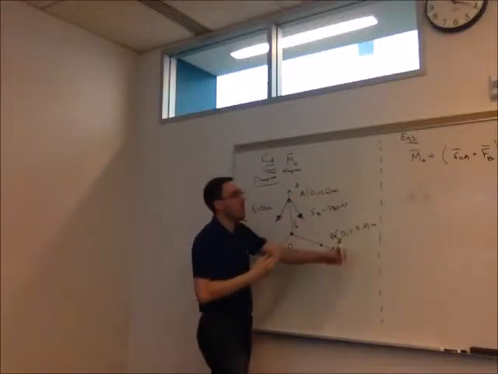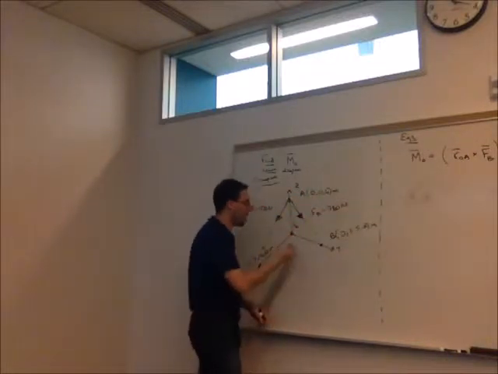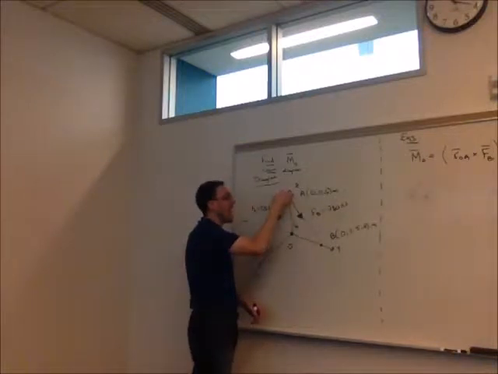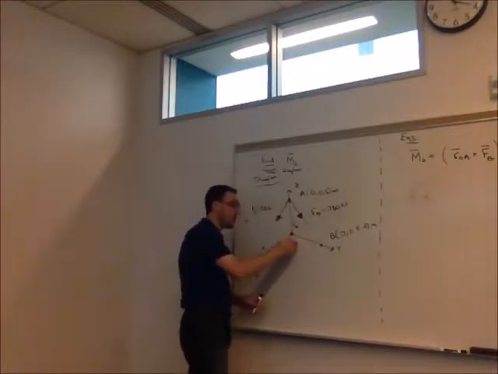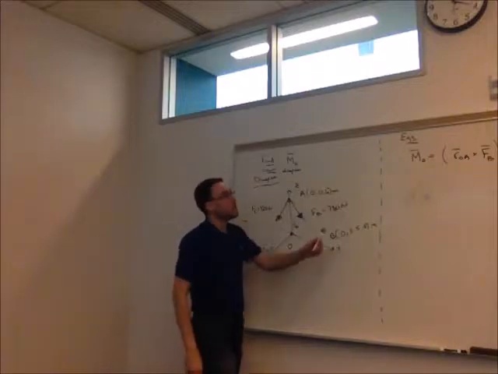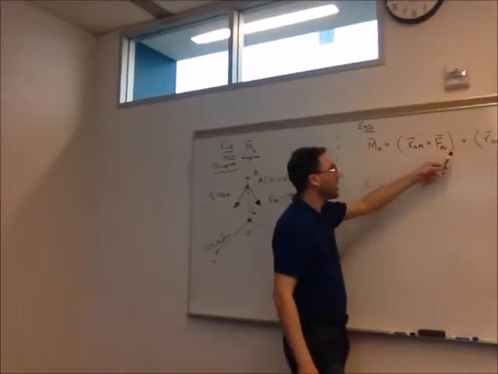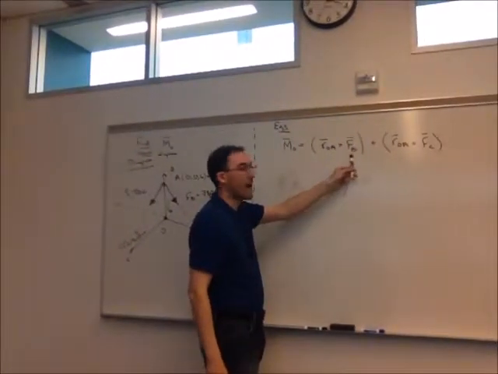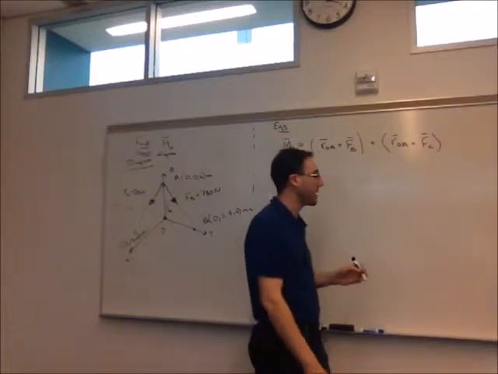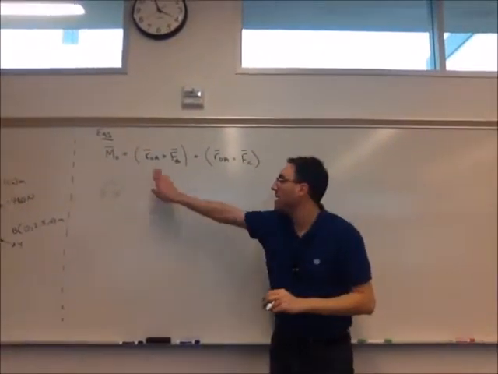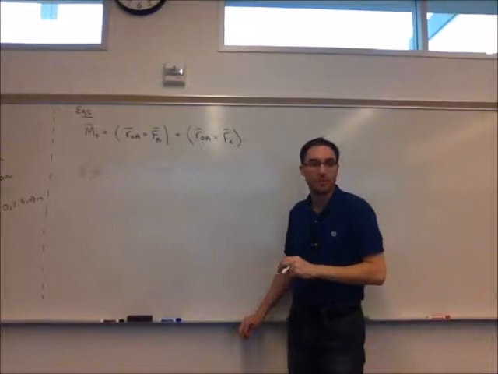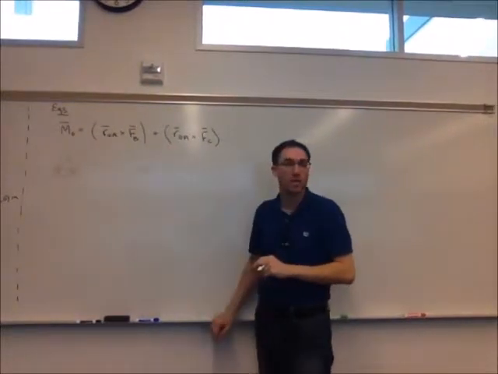This one happens to use ROA for both of them, because we want the moment around O and they're acting at A. So we need ROA, we'll use that twice, we need vector FB and vector FC. So at the moment, do we know any of those three values to be able to do these cross products?